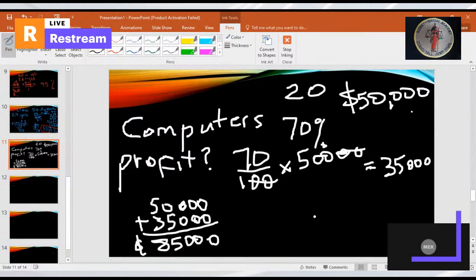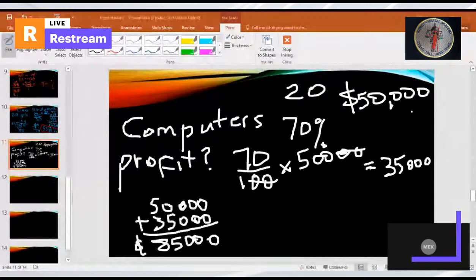But you also have to add back the original cost price that he bought the computers for, and add the profit to that. Because remember, it is added on. Loss, which we're going to come to a little while, is something that is taken off.